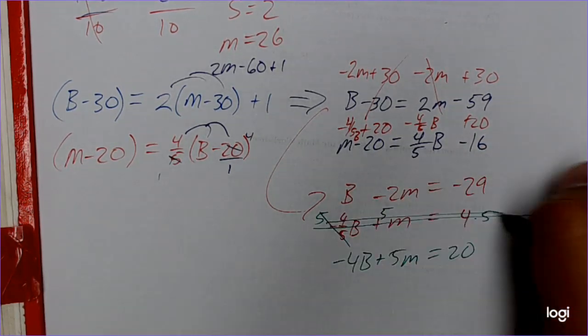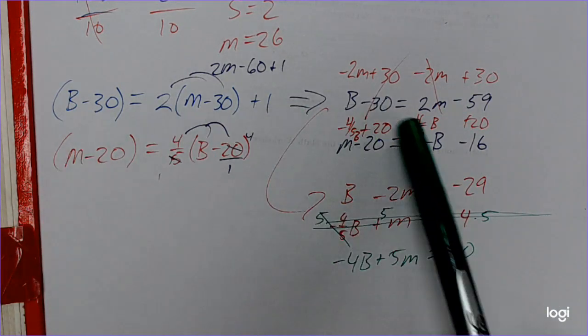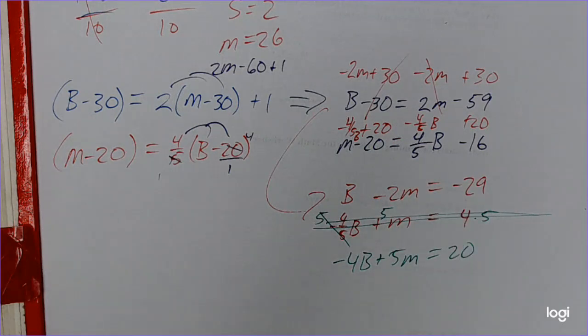Right, so now I've got two equations, okay? And I can substitute or eliminate now, right? There's a lot of work that goes into writing this equation properly, but once you get it properly, it's easy to see how to solve. So that's the main logical work on this: when they put some fractions in these problems, we've got to do quite a bit of rewriting before we're ready to solve.